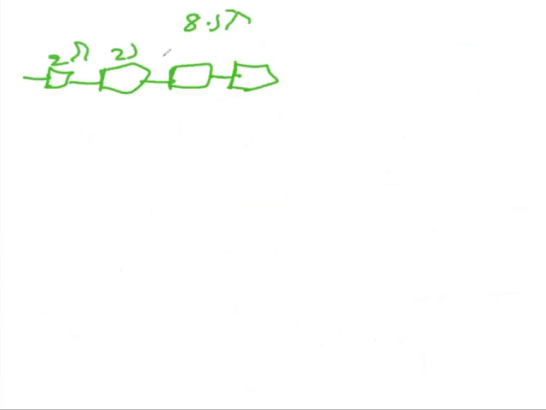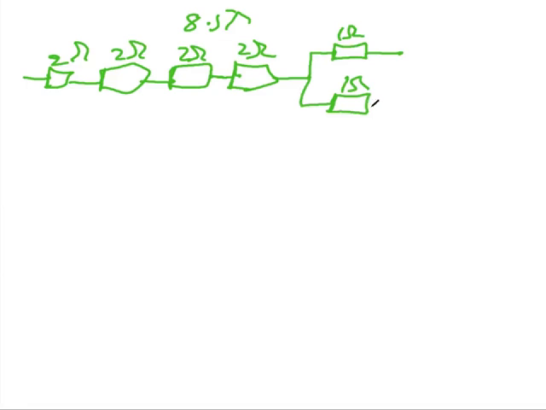Your requirement is 8.5 ohm, right? So this will be 2 ohm, 2 ohm, 2 ohm, 2 ohm. From this I get 8 ohm resistance, and over here I will make a 1 ohm resistance in parallel. So this AB will give me 8.5 ohm.